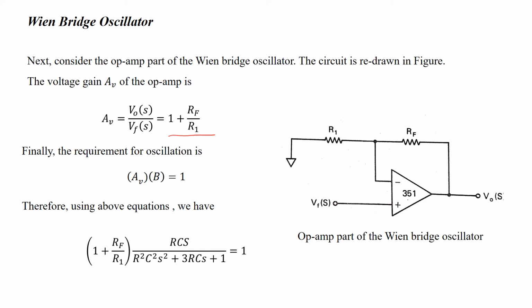Finally, the requirement for oscillation is AV into B is equal to 1. Therefore, using the above equation, we can write 1 plus Rf by R1 and putting B is equal to RCs over (RC)^2 s square plus 3 RCs plus 1 is equal to 1.